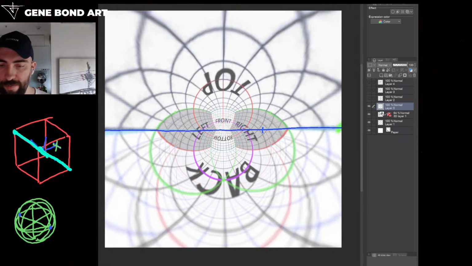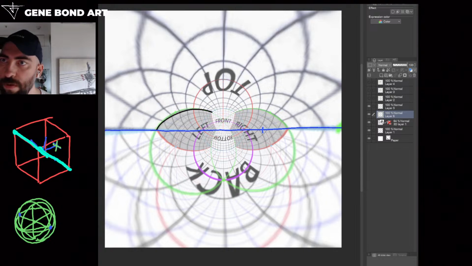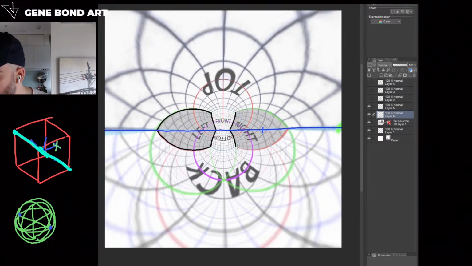You see, like we can see here, this left side, left wall of a cube, and the right wall of the cube.